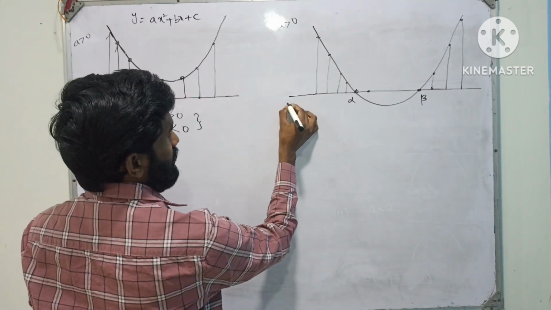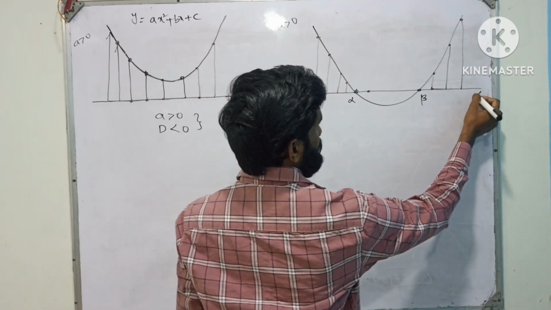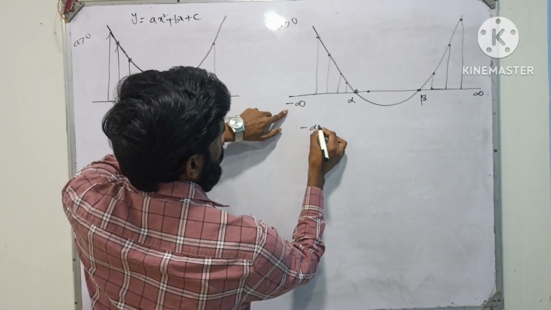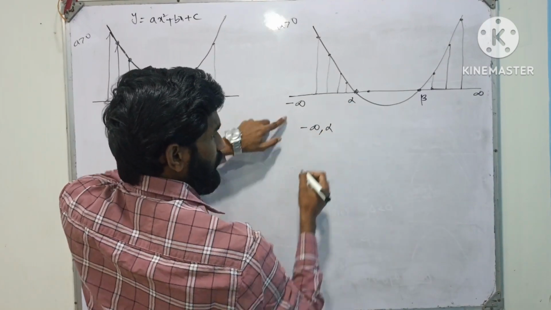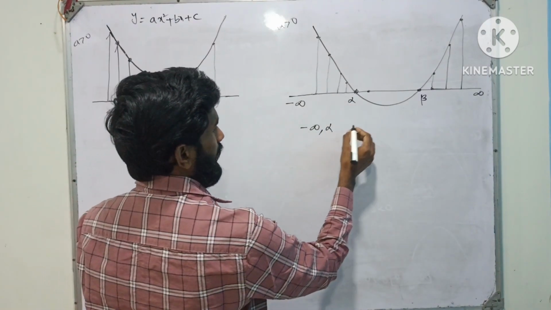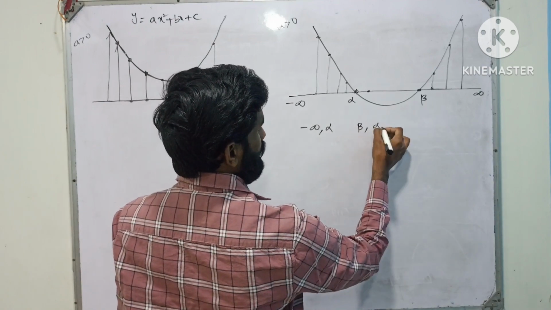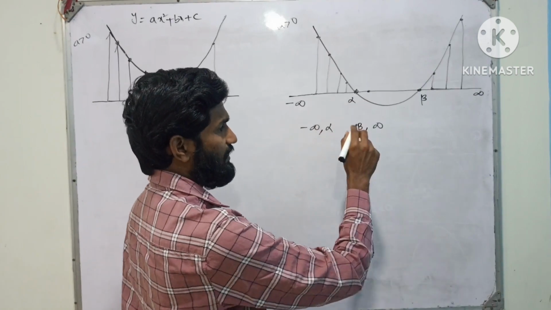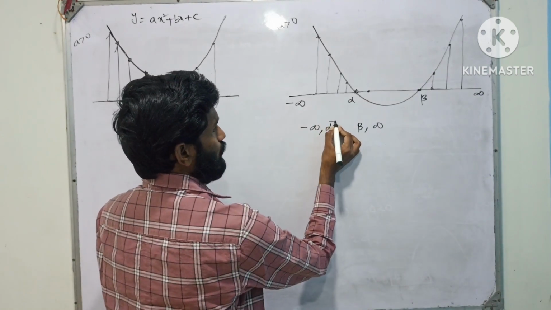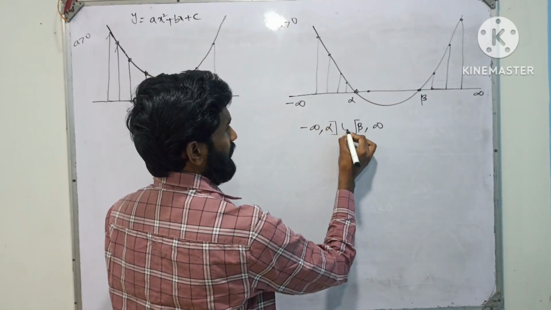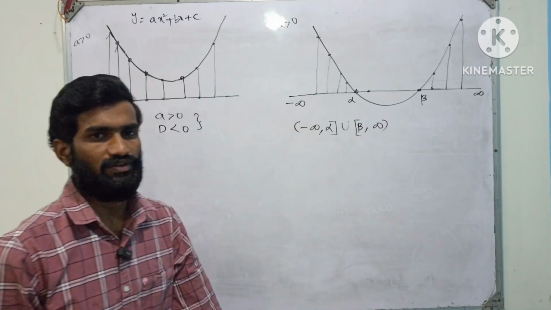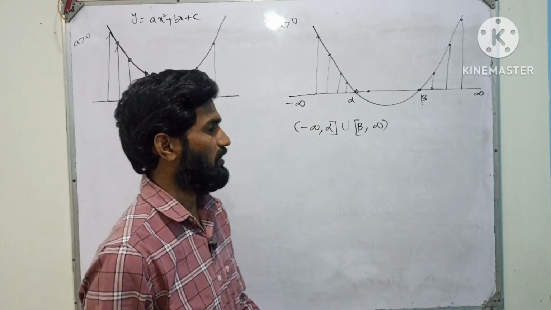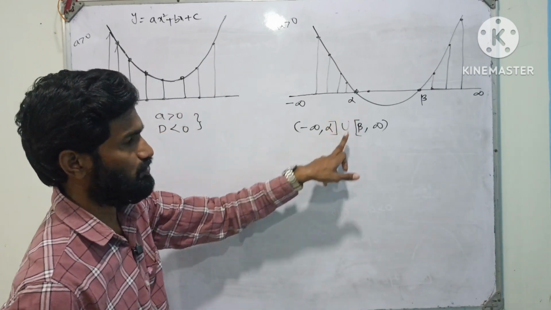If it is minus infinity and plus infinity, you are getting positive from minus infinity to alpha, and from beta to infinity. If it is greater than or equal to, you have to take a closed bracket, and in between take the union. If he is asking only positive, you consider an open bracket here.